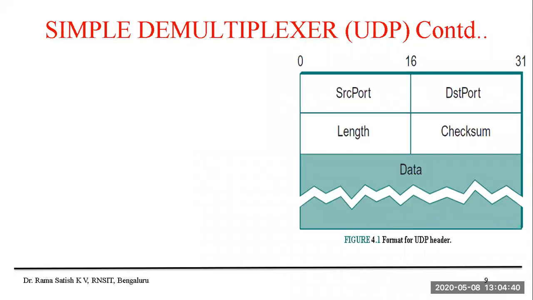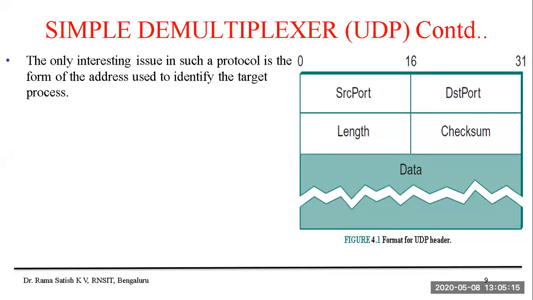Applications running in the application layer use different ports. For example, FTP uses some port, DNS uses some port, HTTP uses port number 80, and different protocols use different port numbers. So it is very easy for UDP to handle them. That is one very important thing.